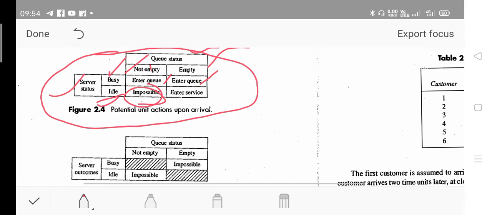You will be the only customer entering there, and you will be taken directly to the service. No need to wait in a queue. You will be standing right in front of the counter, getting the necessary service. So not empty is not possible, that's why. And if the queue is empty, you enter into the service. So this state is actually not there.